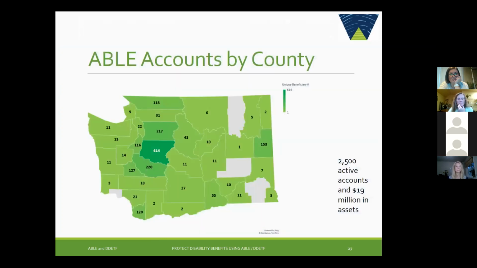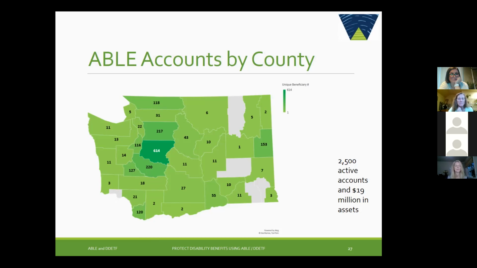Oh, this is you again. Okay, so we've got just about every county covered except for what, four or five? Yep, 5. And obviously the I-5 corridor has the highest amount of enrollees.